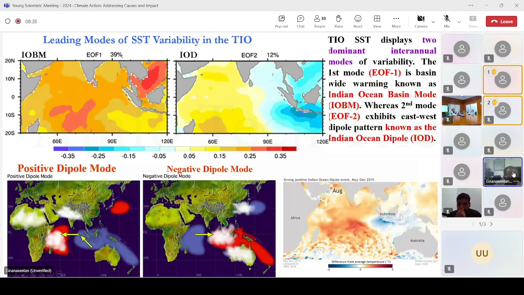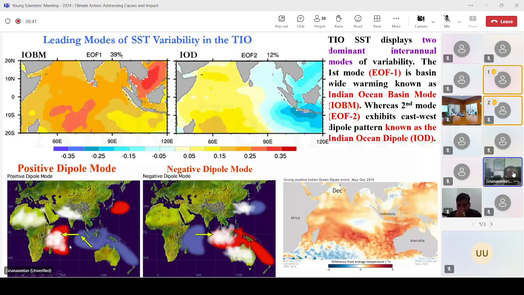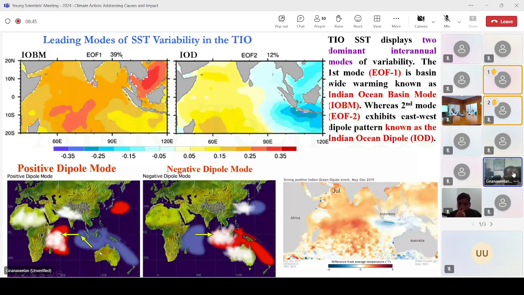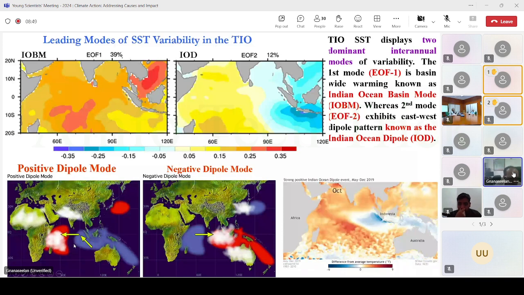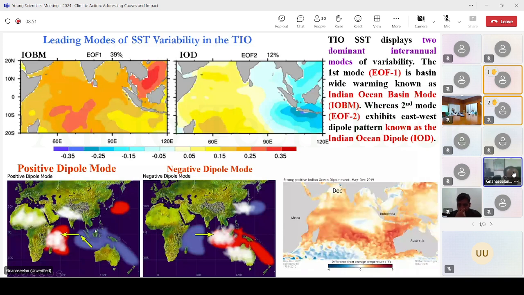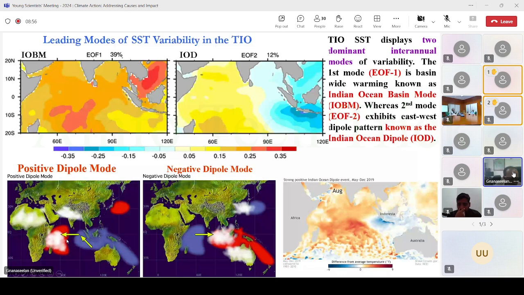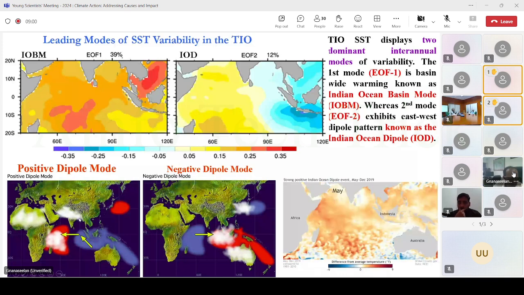And the bottom panel is a nice schematic, which explains the sea surface temperature pattern shaded. So you have a cooler sea surface temperature in the east and warmer in the west, and you can also see a cloud pattern covering the Western Indian Ocean, India, and the North African region.